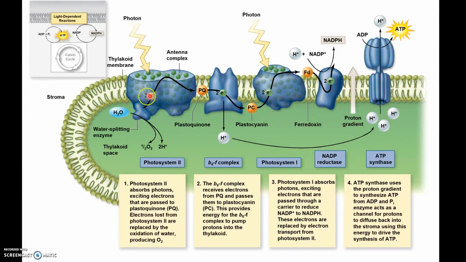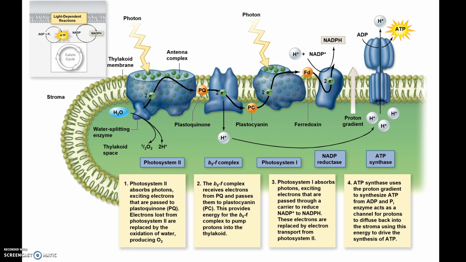It's these electrons that came from water that are replacing the electrons in the chlorophyll molecules in photosystem 2. The photons are bumping electrons out of chlorophyll molecules within photosystem 2. They are replaced by electrons that come from water. That is water's role, to replace electrons in chlorophyll.